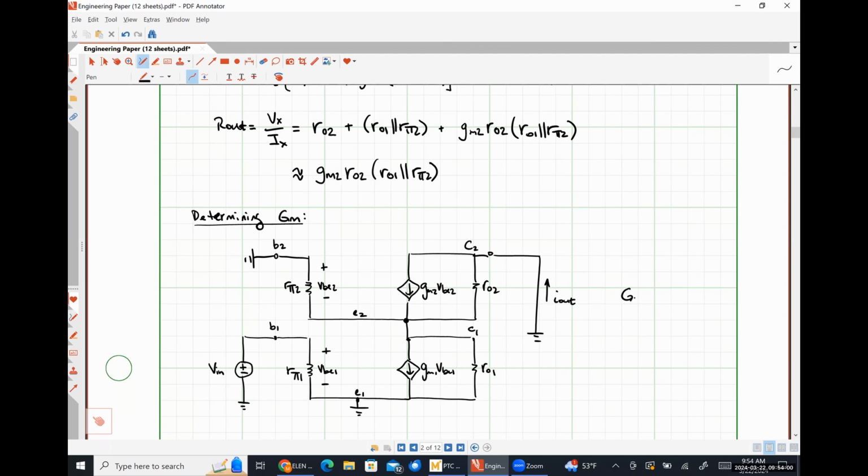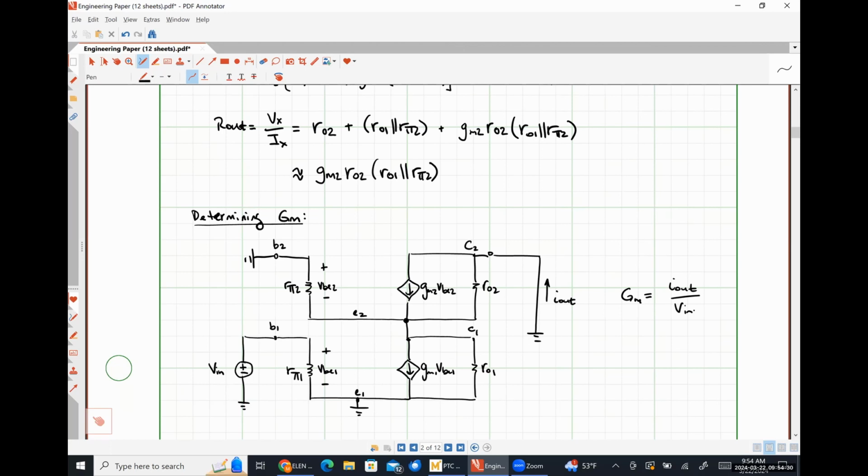And then my short circuit transconductance is simply the ratio of my output current divided by my input voltage. So let's see what shakes out of this because our output terminal is now grounded.